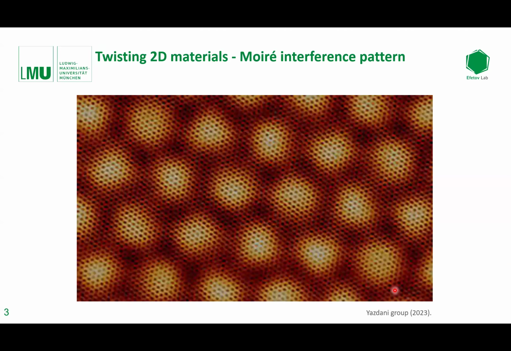Okay, so to jump right in: as we know, over the last couple of years, people have managed to assemble these super-periodic moire lattices by just twisting two individual two-dimensional materials with one another. I think how these devices really look is best exemplified by the STM images that people are taking, where you can see the topography of such a twisted bilayer graphene device.